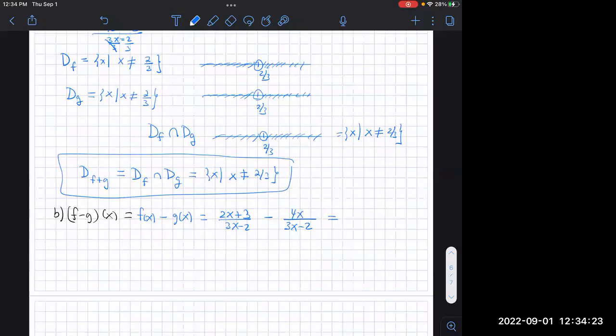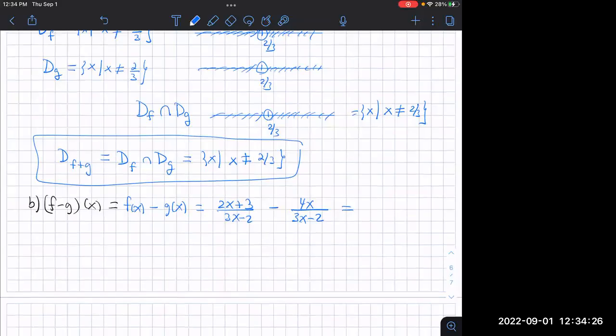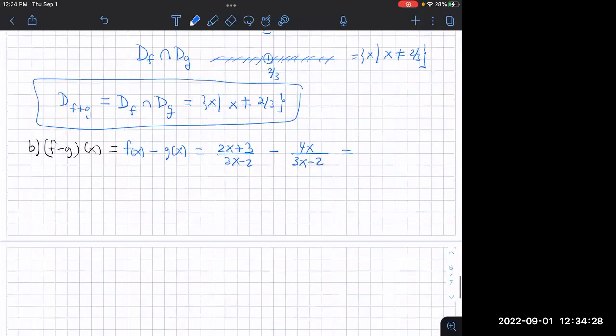We have two fractions with the same denominator, so just copy the denominator and subtract the numerators. The only thing we subtract is 2x minus 4x. So f minus g of x is 2x plus 3 minus 4x, so 2x minus 4x is negative 2x plus 3 over 3x minus 2.